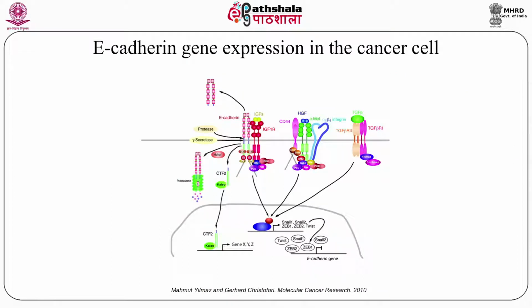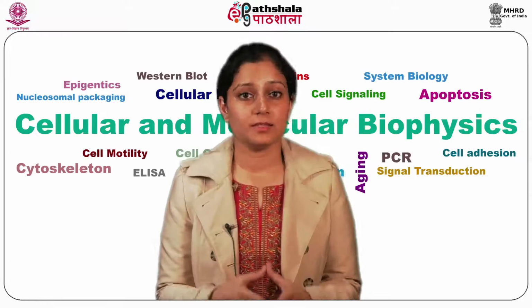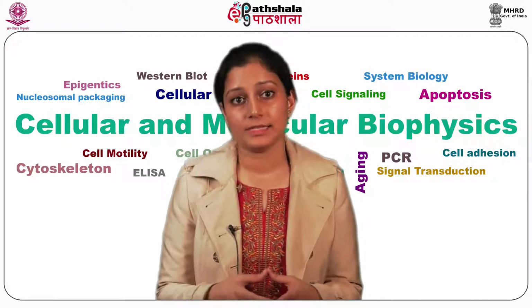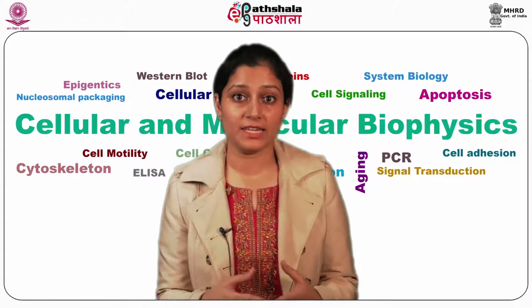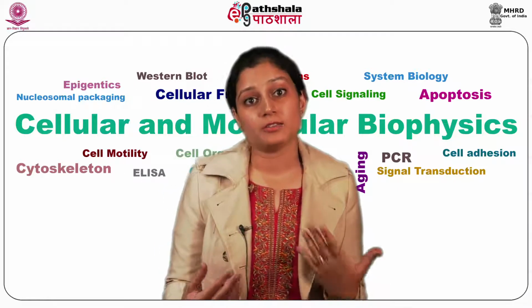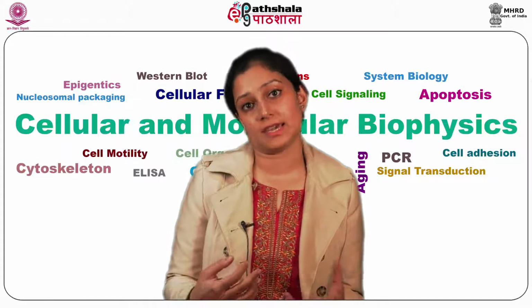As we have discussed in the previous slide, cancer cells have lost E-cadherin. Let us understand the pathways causing this loss of E-cadherin. This is a schematic representation of the signaling pathways leading to the repression of E-cadherin gene expression and the upregulation of transcriptional repressors of the E-cadherin gene.